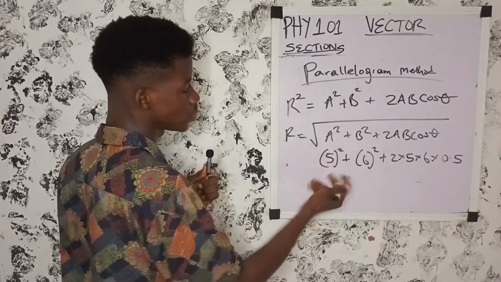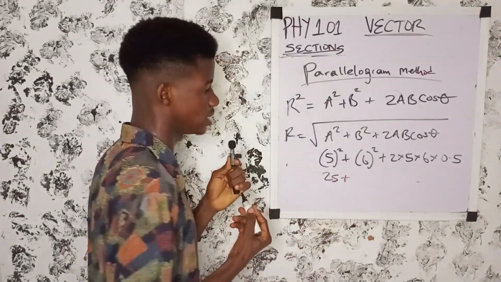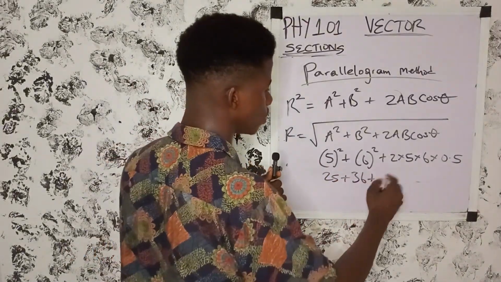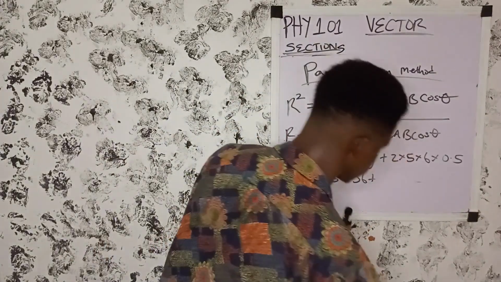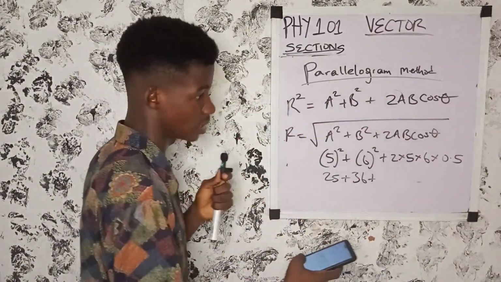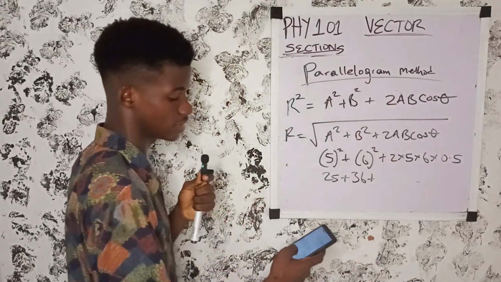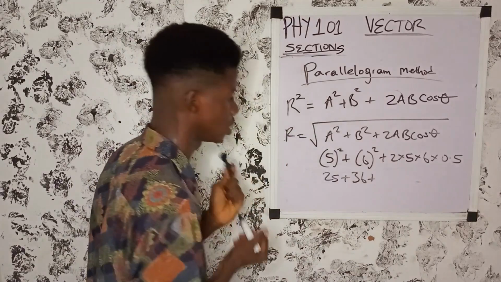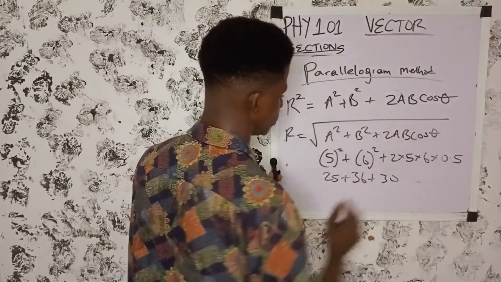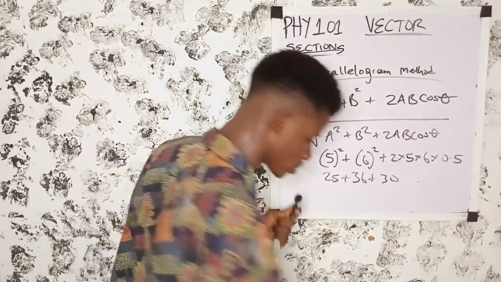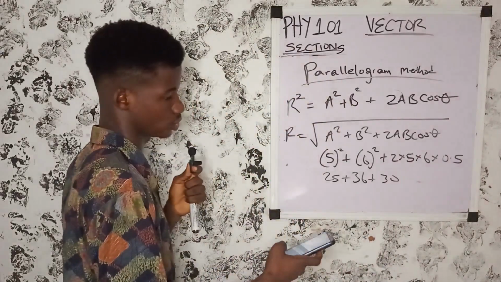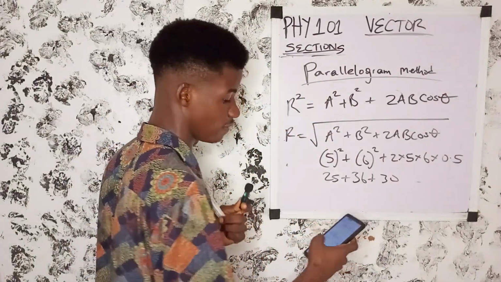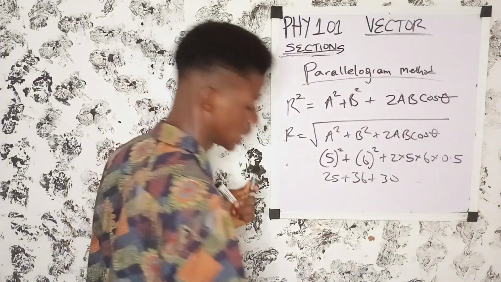So 5 square is 25, 6 square is 36, then plus 2 times 5 times 6 times 0.5, which gives us 30. Adding everything, 30 plus 36 plus 25 will give us 91.